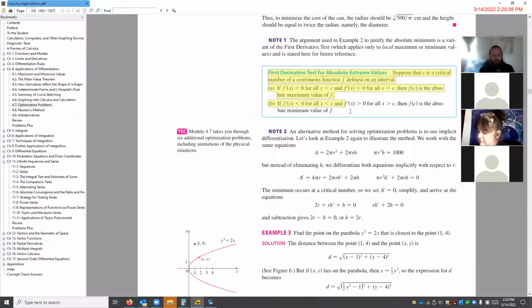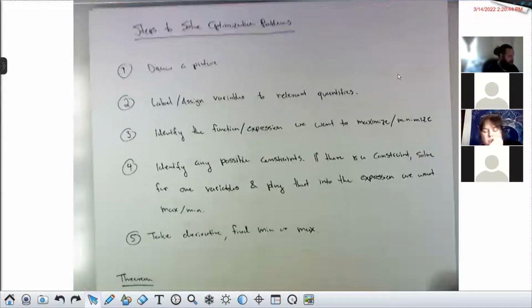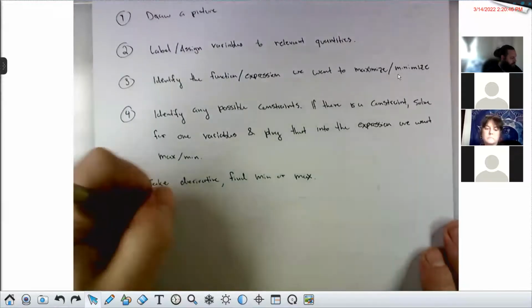Yeah, here it is. So here's the way they say it. Suppose c is a critical number for a continuous function f defined on an interval. So I'll go ahead and transcribe this the way they do it.